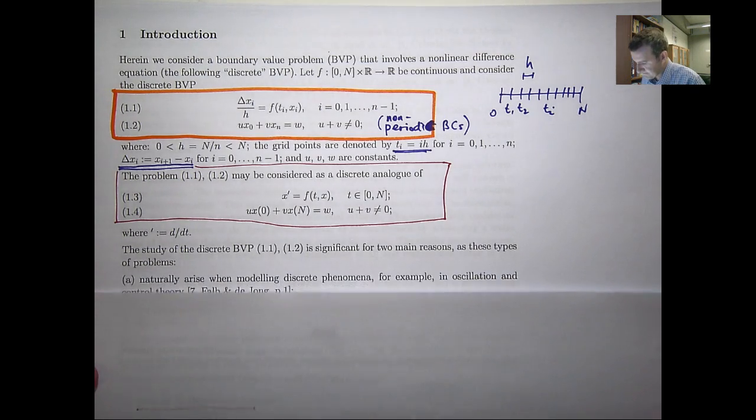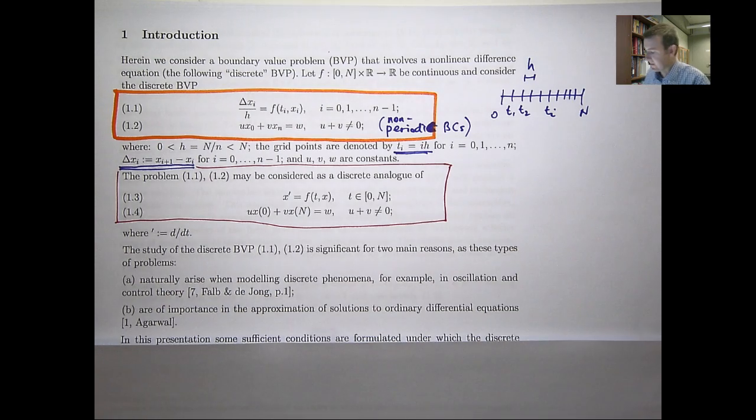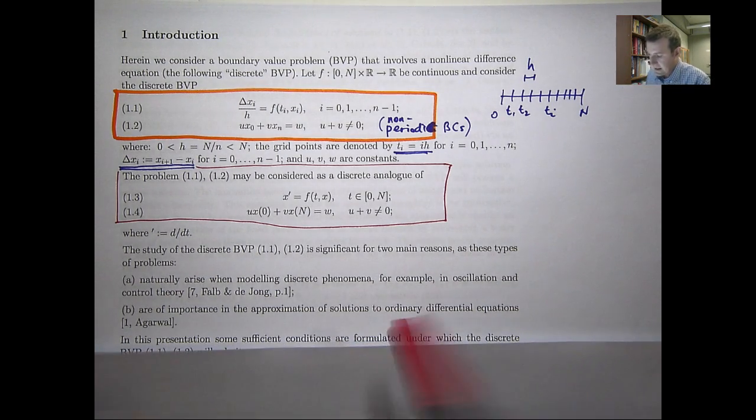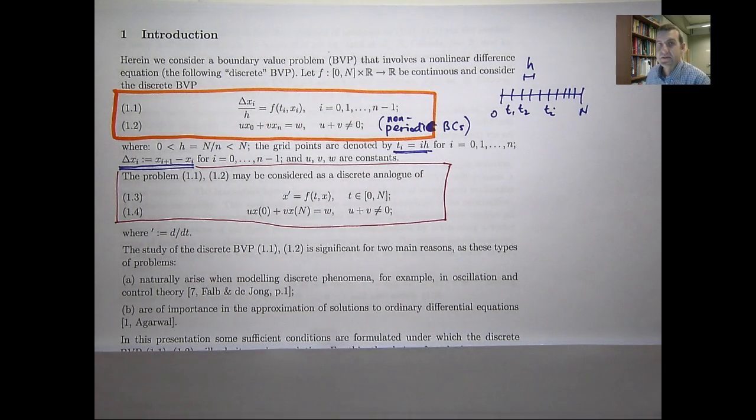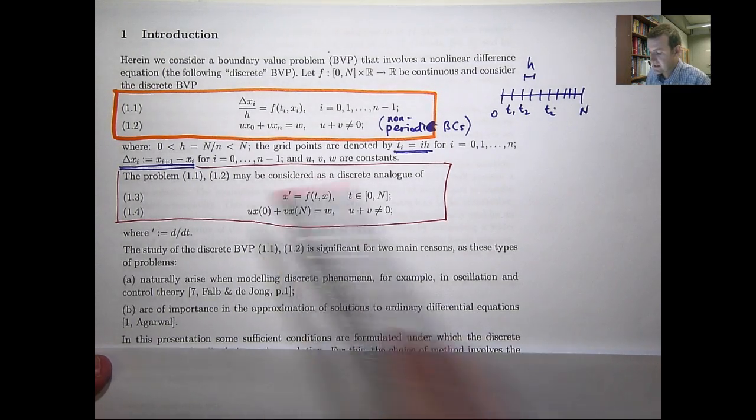Okay, well, next question is, why would you want to study this discrete BVP? Why is it interesting, and what are the applications? Well, I can think of two main reasons. Firstly, sometimes in discrete phenomena, discrete equations, discrete boundary value problems actually give a better approximation or a better modelling or description than a problem like this.